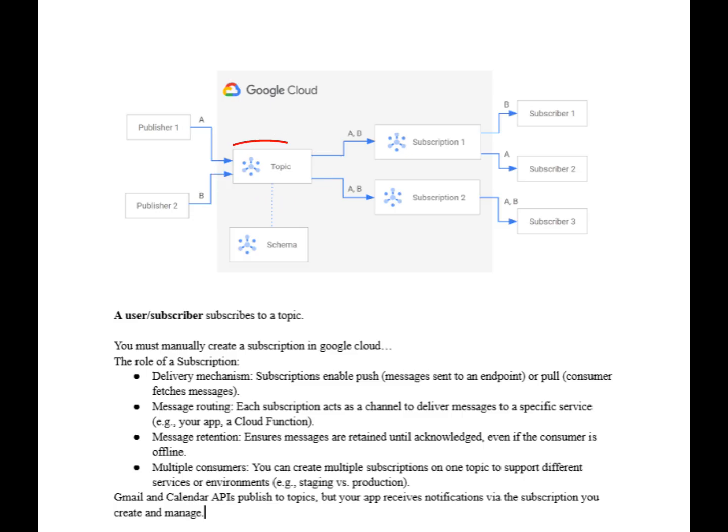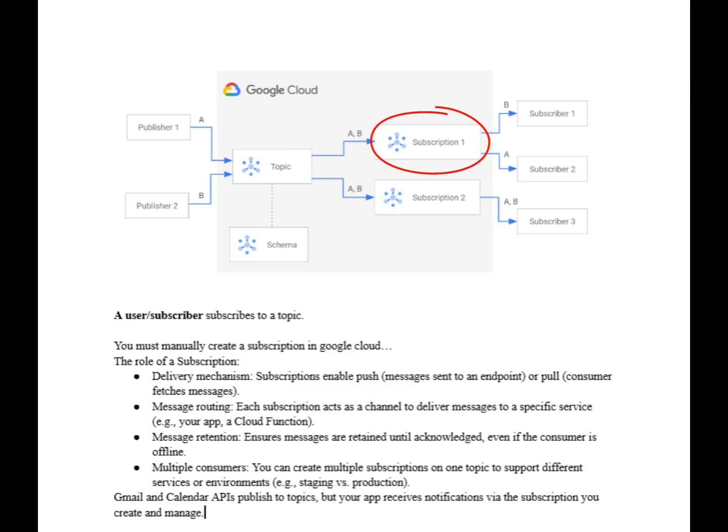There's a retention period that is configurable, and then messages are delivered to all the subscriptions they're meant for. It receives and stores messages to the topic, and then it will forward them to the different subscriptions.